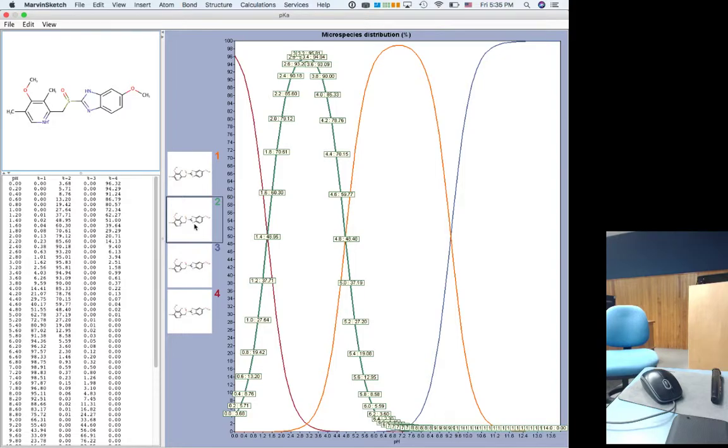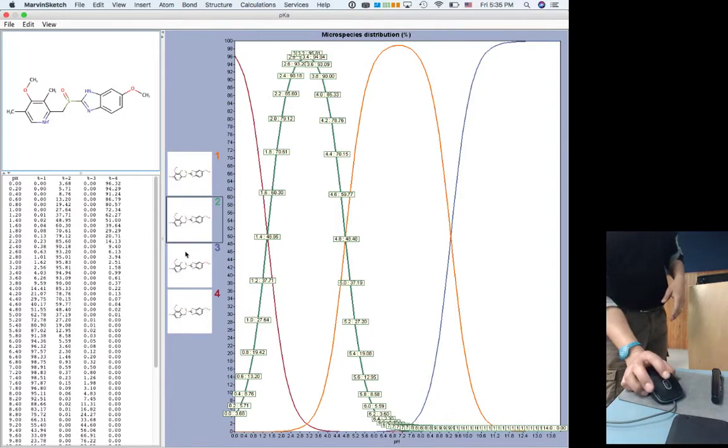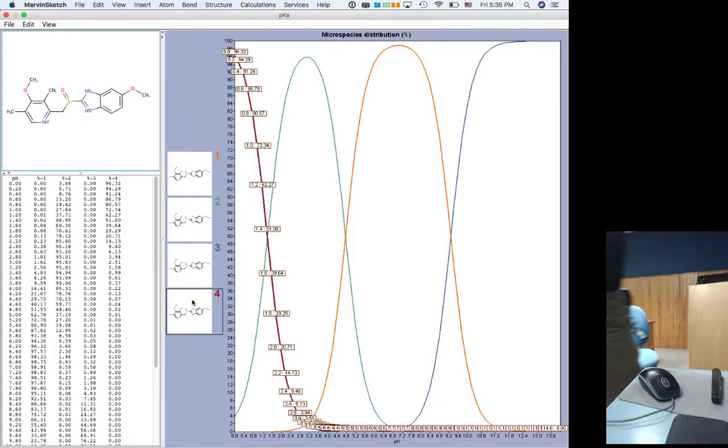Well, again, between 1.4 and slightly below that, we have that species where 2 nitrogens are protonated, so a positive charge of 2 will be the dominant between 0 and 1.4.